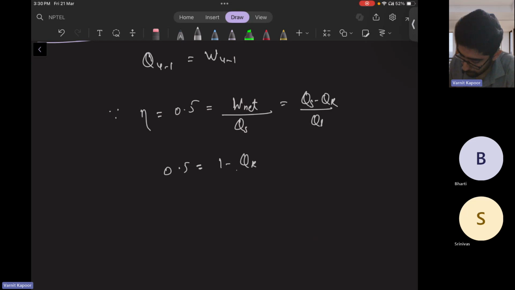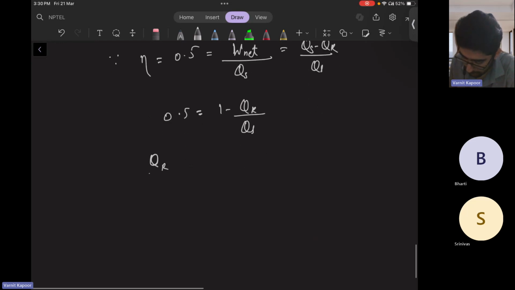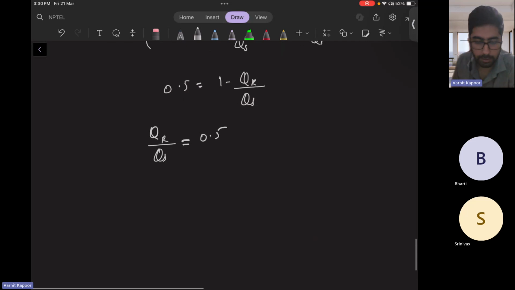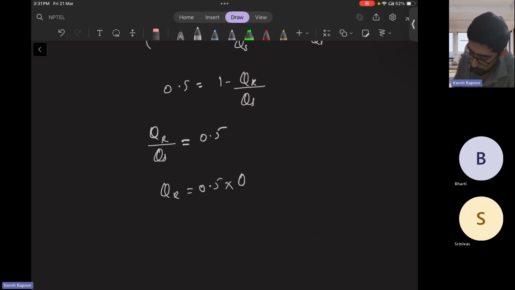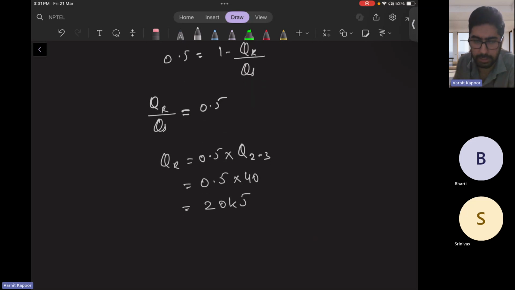So 0.5 equals 1 minus Q rejected by Q supplied, so Q rejected by Q supplied is 0.5. You know that Q supplied is in the 2 to 3 process, so Q rejected is 0.5 into Q from 2 to 3 process, that is given to be 40. So Q rejected is 20 kilojoules. That will come out with a negative sign; either you write Q interaction or rejection.